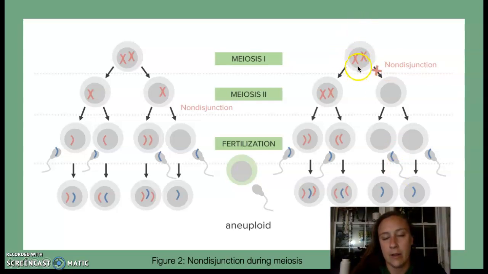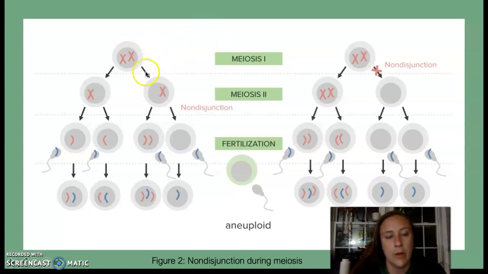Here on the right, this is a non-disjunction occurring in meiosis 1. The chromosomes are supposed to split into 2 different cells, but something happens and they end up in the one cell. And you come down here, they have 2. Here comes the Y. You've got 2 X's and a Y. Klinefelter syndrome.